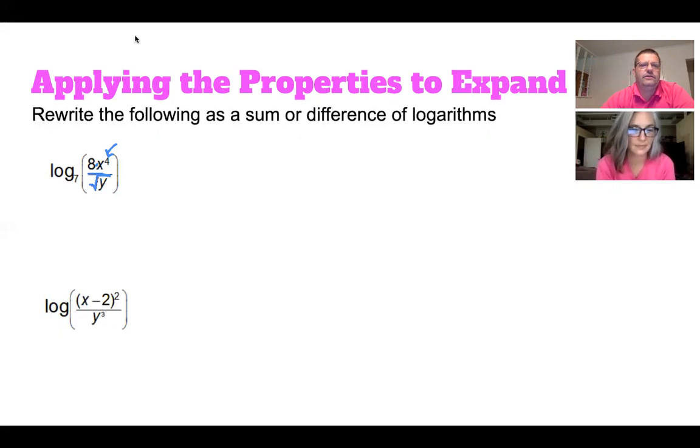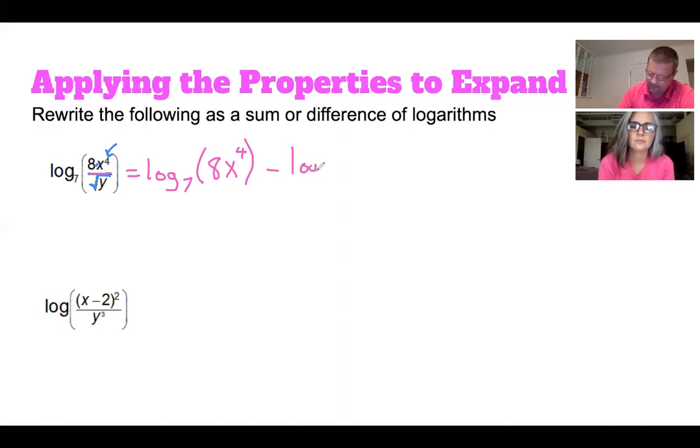I see the division there, and so I can break it apart as subtraction, all right? So if I do this, I'm going to do log base 7 of 8x to the 4th, and then minus the log base 7.